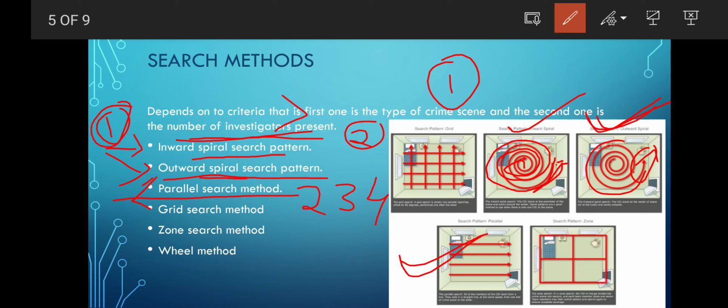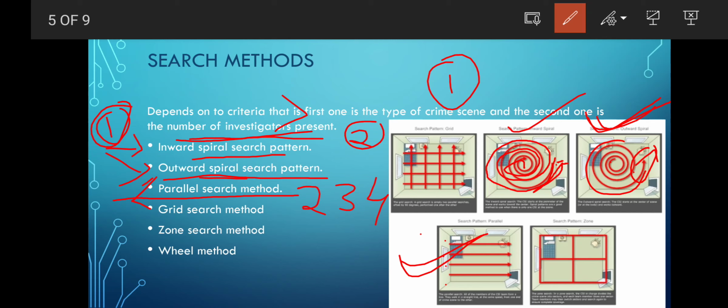If there are 4 members, in this diagram we have 1, 2, 3 and 4 investigating officers. They will walk in a straight line at the same speed from one end of the crime scene to the other.